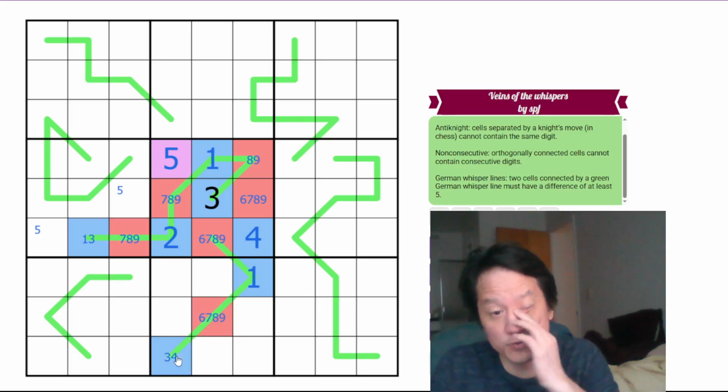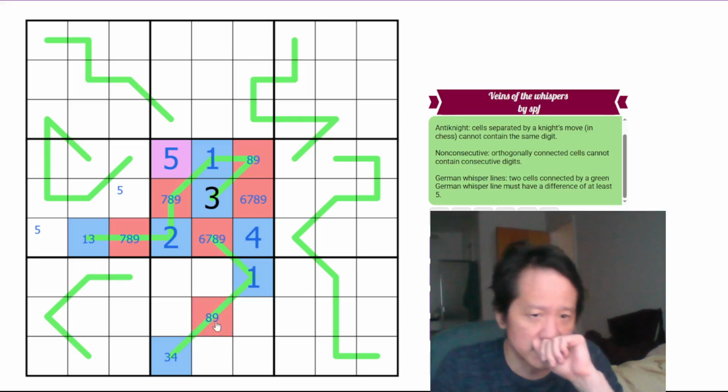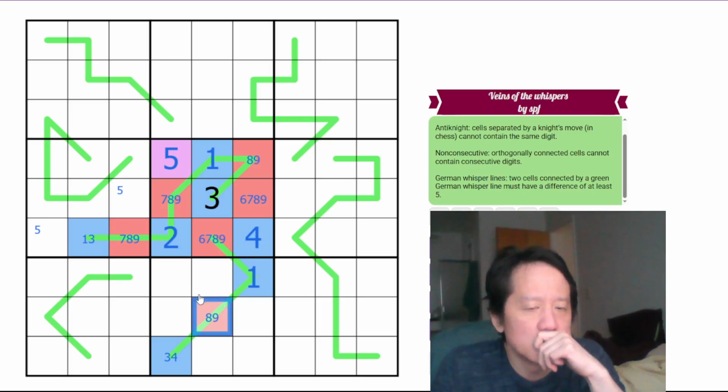So this has to be 3 or 4 here, which means this can't be 6 because it's next to two unique digits on the German whisper line. It can't be 7 because it must be next to a 3 at least. So this is 8 or 9 here. This is 1 or 3. That's fine.